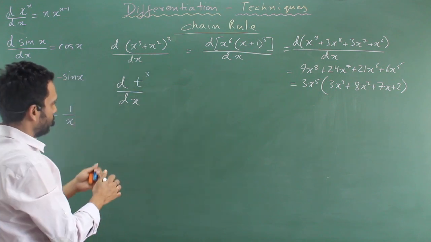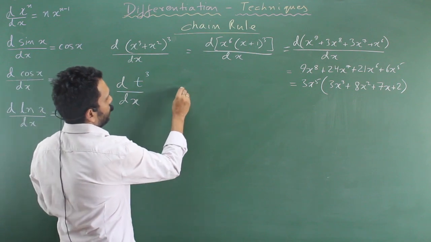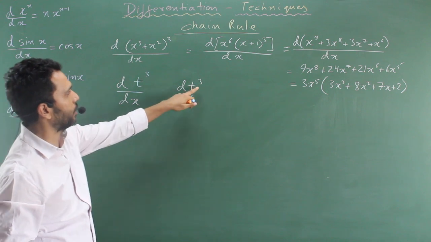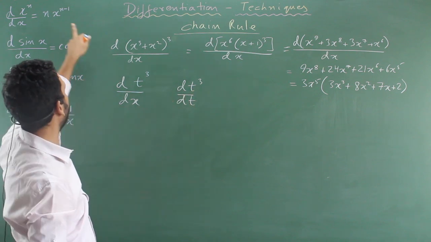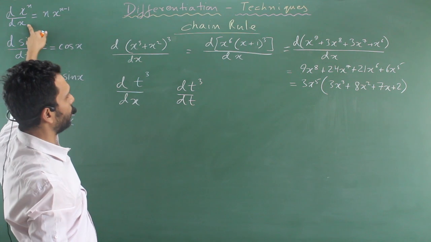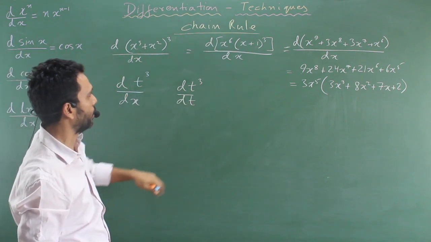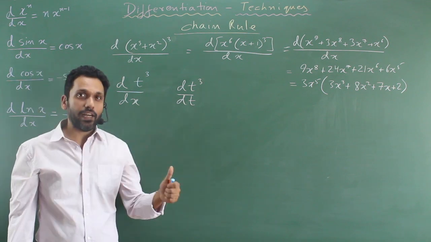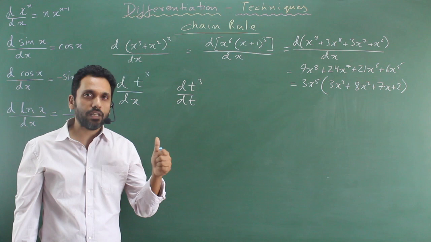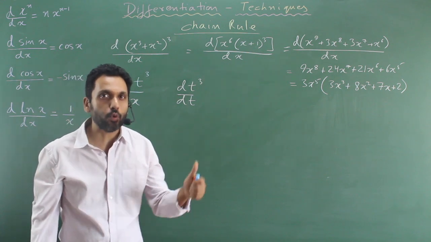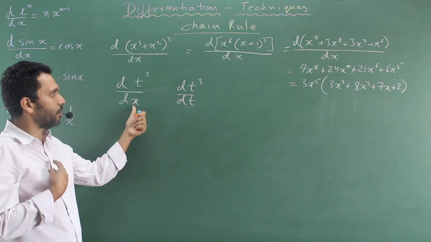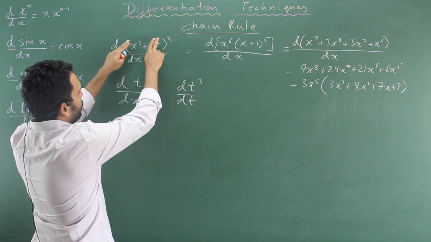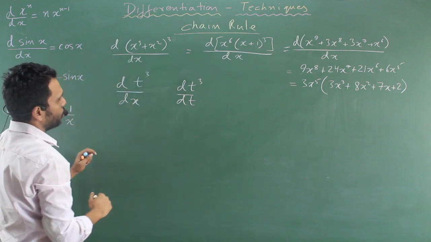If they had asked dt cube by dt, the differentiation of t cube with respect to t, I have a ready-made formula. I would simply jump onto the formula and give the answer. It is 3t square. So I wish it was a t, but it's an x. I wish the differentiation was with respect to t instead of x. I would have wished that this thing cube was differentiated with that thing. Unfortunately, it is not.